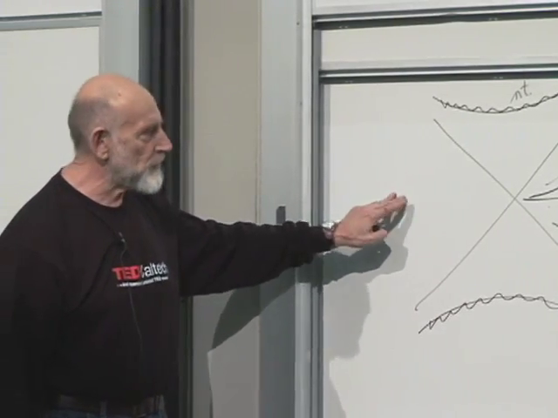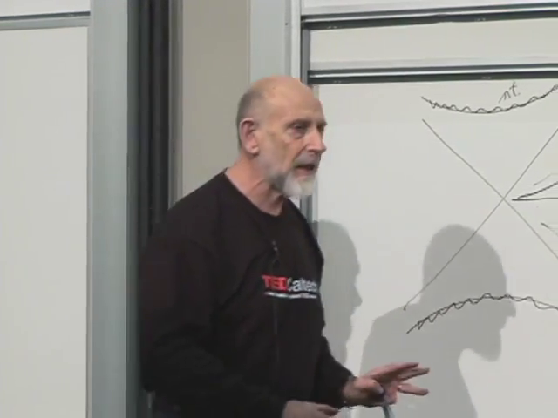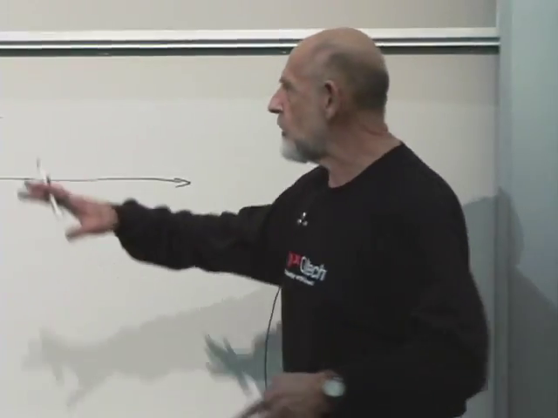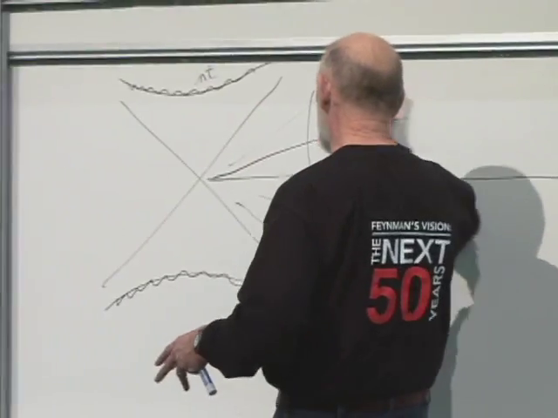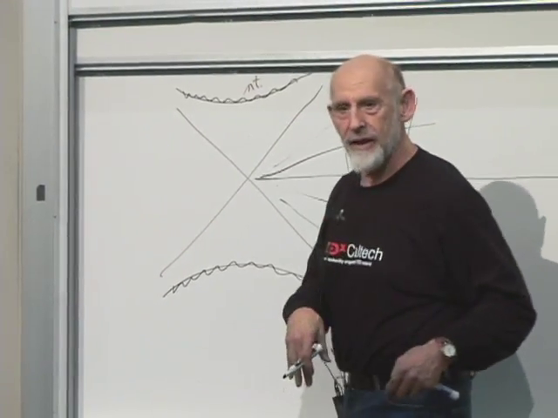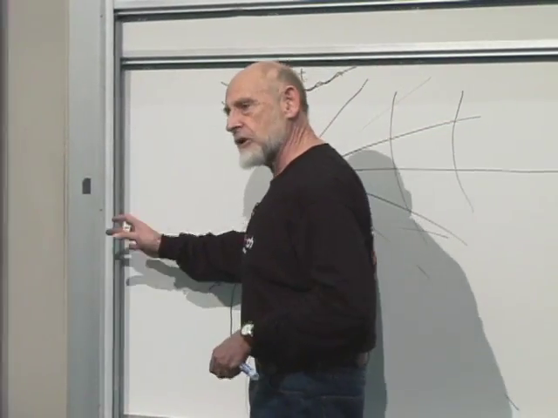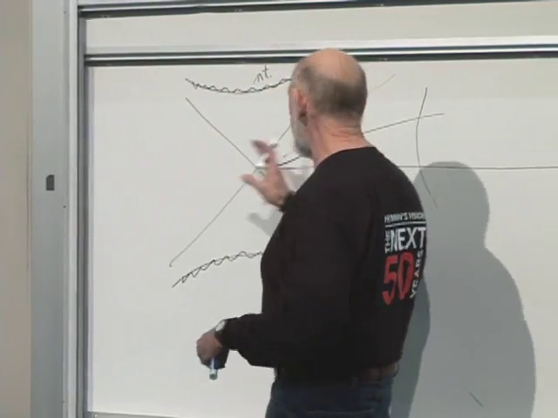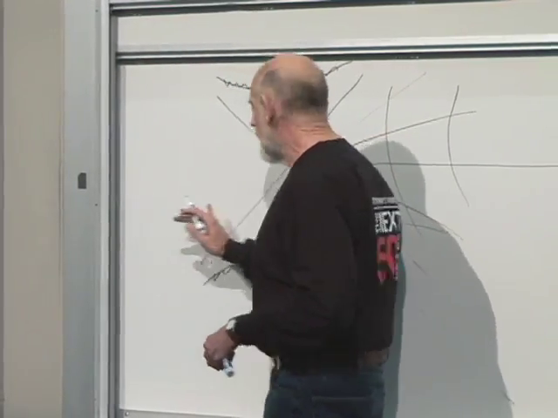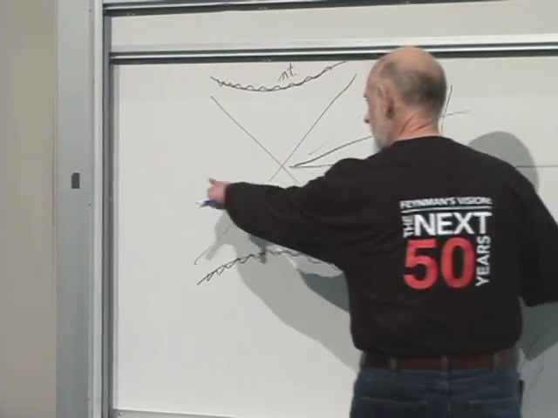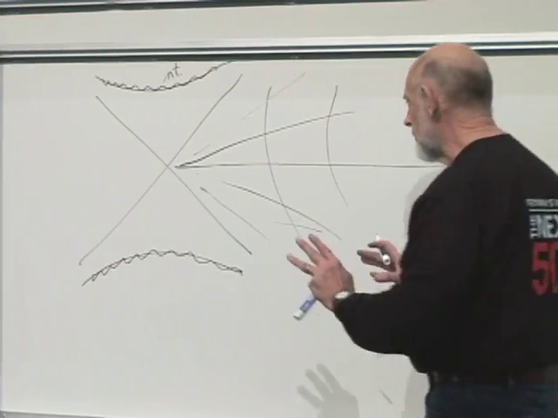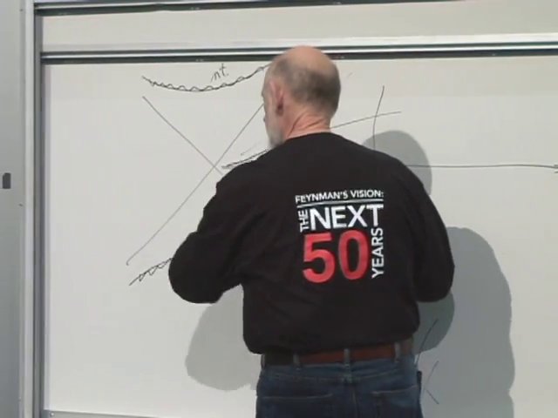Nothing of physical interest, but nevertheless, the mathematics of the Schwarzschild metric contains all of this. It contains an outside world over here and another outside world over here. This outside world is not the same as this outside world over here. You can't get a message from here to here, but the mathematics of Schwarzschild has both of these.